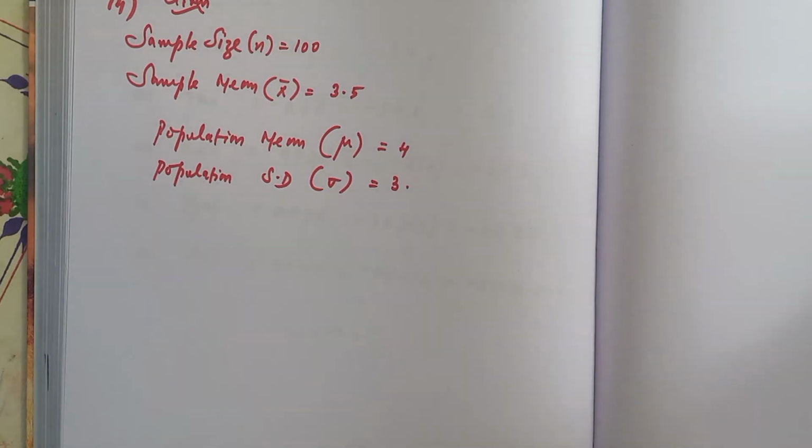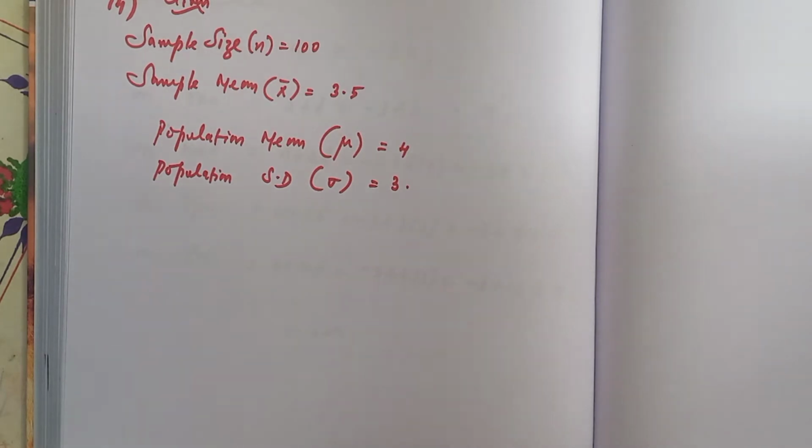What's the condition? There is no significant difference between population mean and sample mean. The data given is correct only. You are accepting. That is called the null hypothesis.